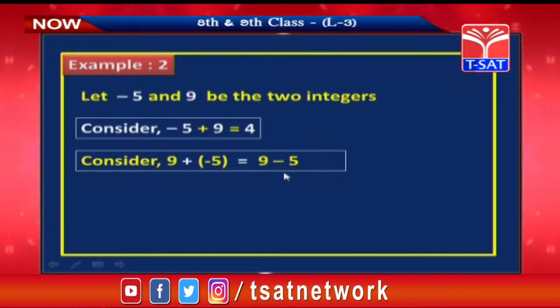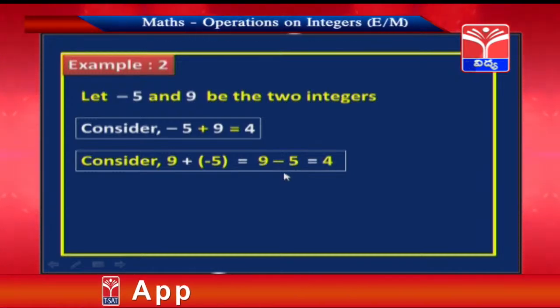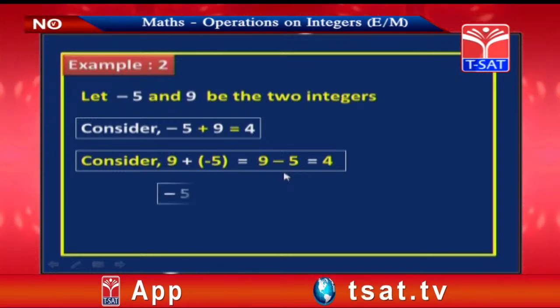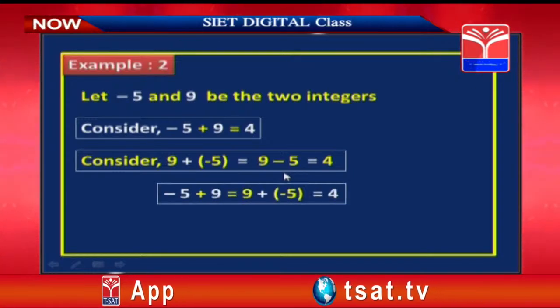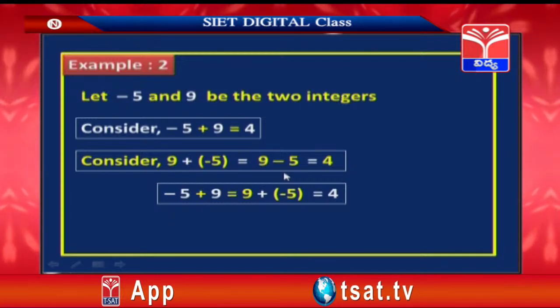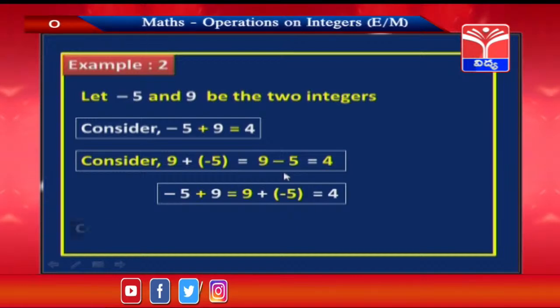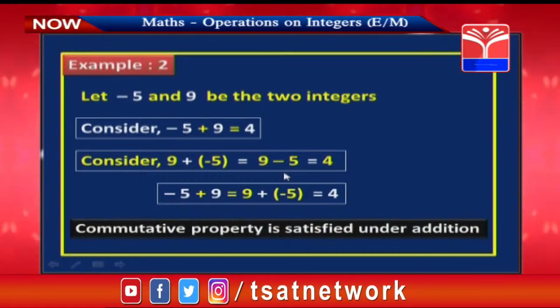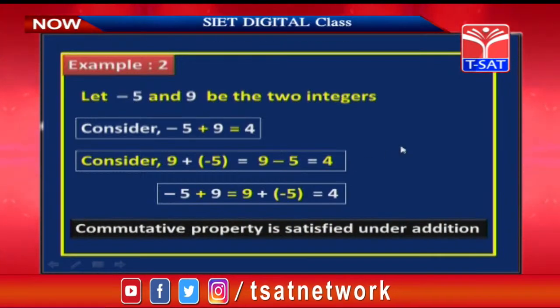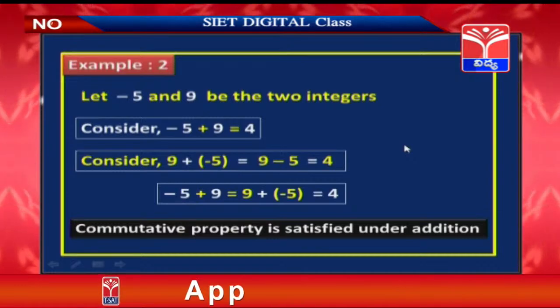Then what do you get, children? Yes, you got 4. So, here also I can say that minus 5 plus 9 equals 9 plus minus 5. This is nothing but the commutative property under addition. So, we can say commutative property is satisfied under addition.